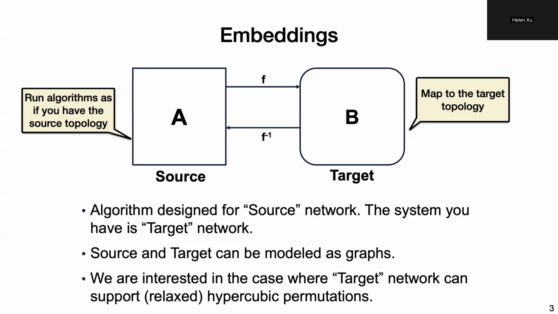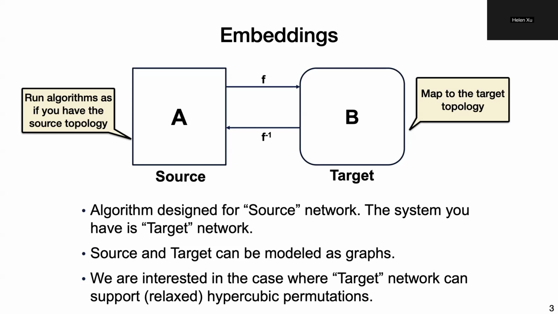In practice, it's not possible to have an all-connected network, where all the nodes are connected to each other with direct send and receive, because as the number of nodes grows large, that takes n squared links, and it's physically hard to do that. So usually we have different types of topologies available to us. One that we have been doing for a while is hypercubic topologies that can route hypercubic permutations. So we're going to have that as our target topology.